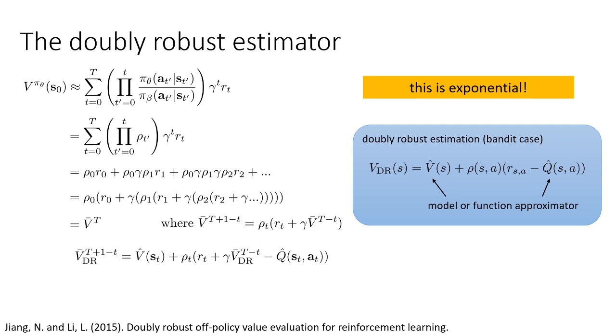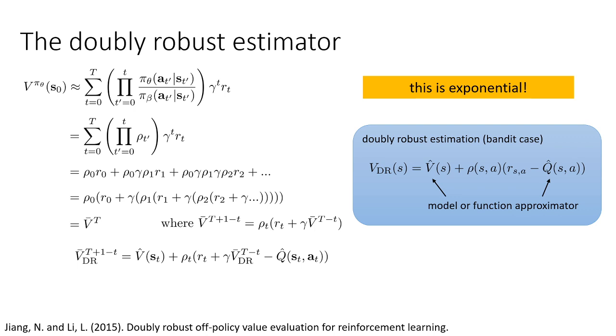In order to do this, you need to construct an estimate q hat s t a t, which could be some neural net, your favorite function approximator, and you need to get its expected value with respect to the actions distributed according to your policy pi theta, and that gives you v hat.